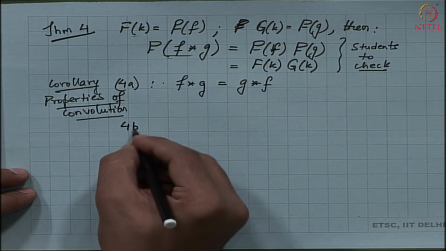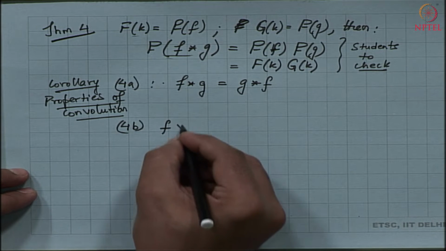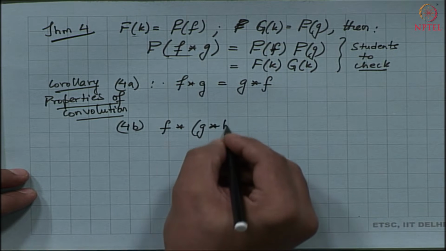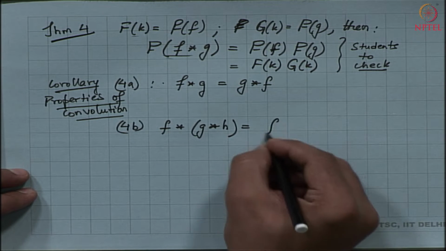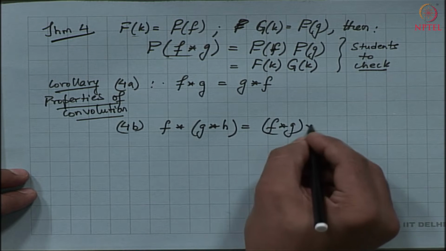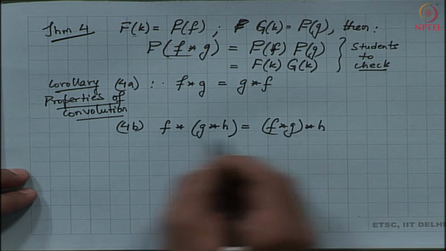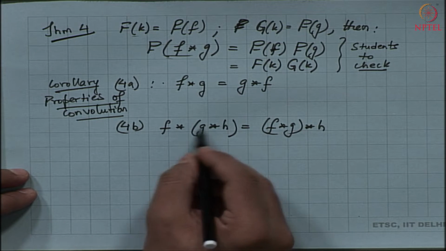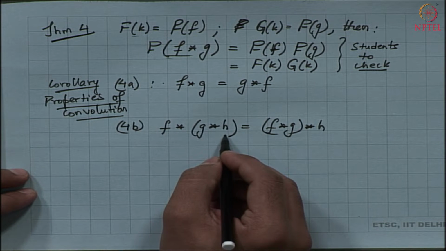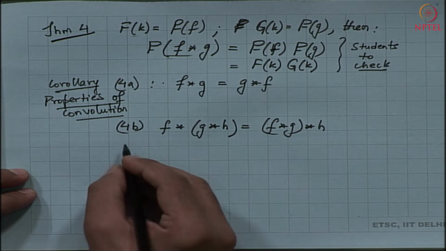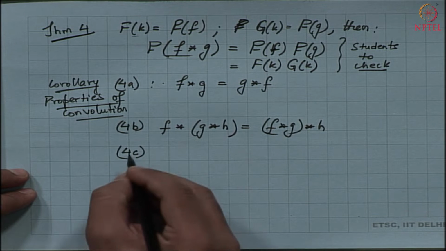Then another property is that f star g star h is f star g star h, so it does not matter about the order of evaluation. You can either take this convolution first or this convolution first. So, the answer will be the same.